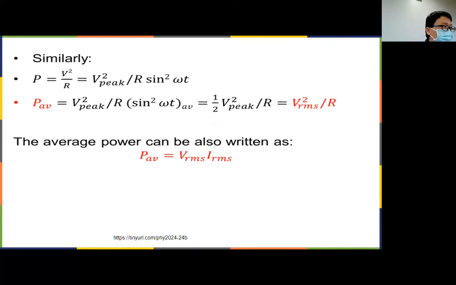Or you can do the power equal to V times I, the voltage times the current. Again, you'll be using RMS quantities here, so V_RMS and then I_RMS. Multiply them together.